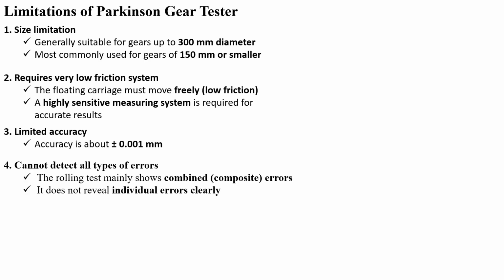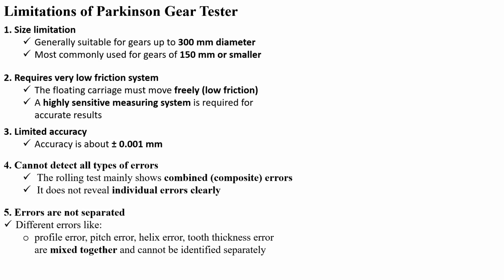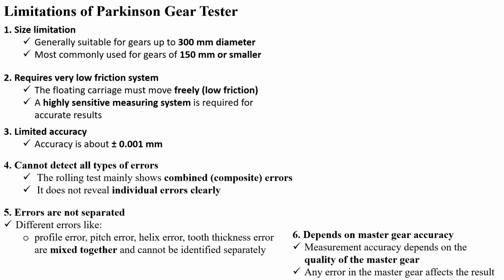It does not reveal individual errors clearly. The fifth limitation is that errors are not separated. Different errors such as profile error, pitch error, helix error and tooth thickness error are all mixed together and cannot be identified separately.